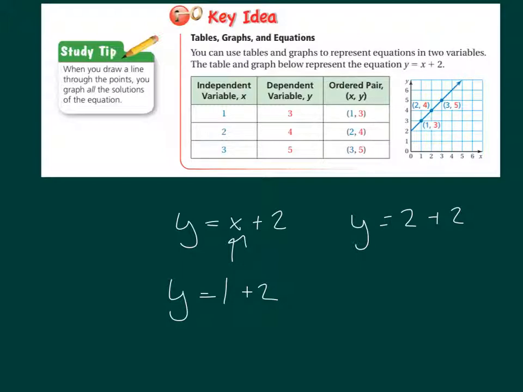We isolate our dependent variable, plug in for our independent variable, and then we will get a nice line like this with all these types of functions. It may not always go up. Sometimes it's going to go down, sometimes it's going to be straight up and down, sometimes it's going to be flat like this, but they are all linear nonetheless.